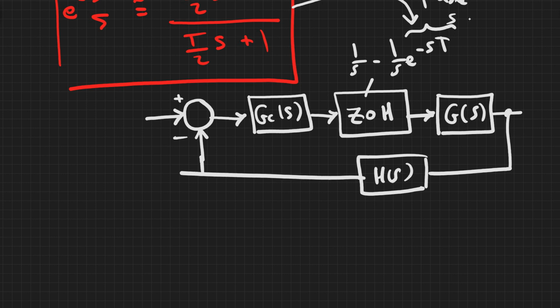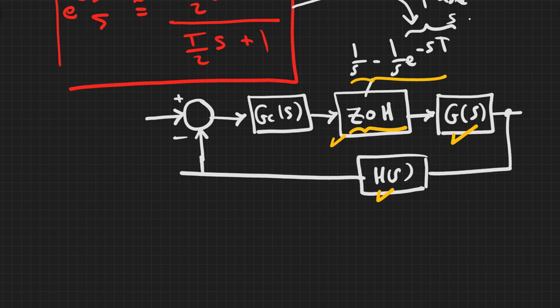So now we can safely start to design our controller. First we start with a continuous model for the G and H, as we already did in the previous continuous time control design. Then we add a zero order hold block based on the Padé approximation, because it's a rational function that we can easily integrate into our linear control system theory.